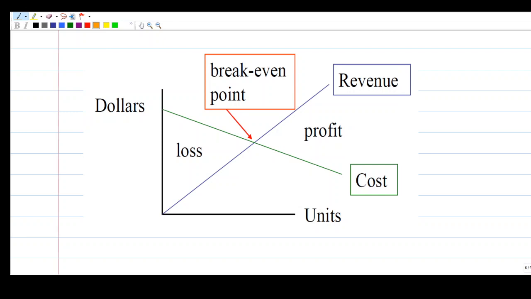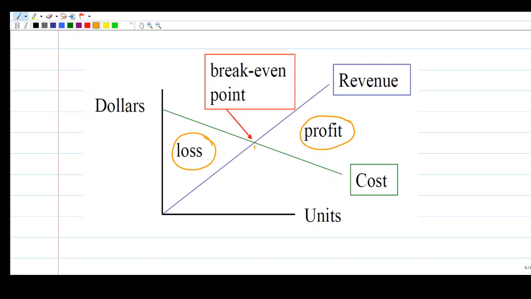If your revenue is below the cost, then you're dealing with a loss situation. That's this part over here. If your revenue function is above the cost function, then you are dealing with a profit.